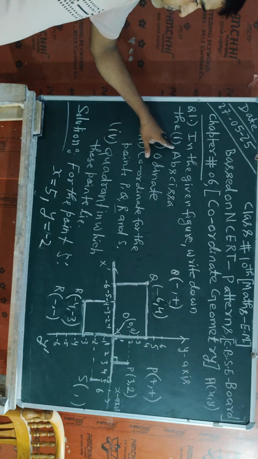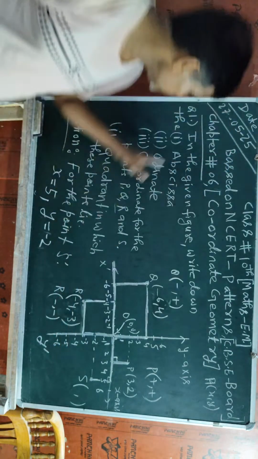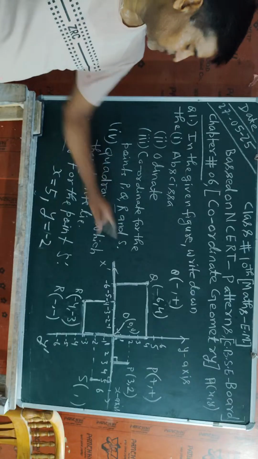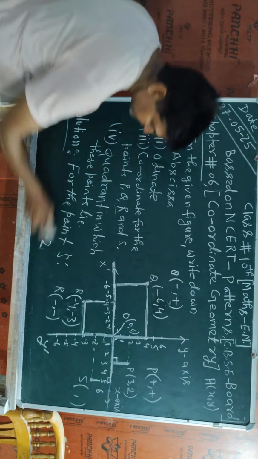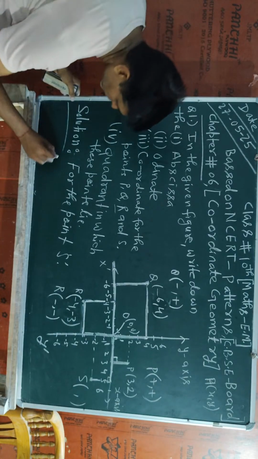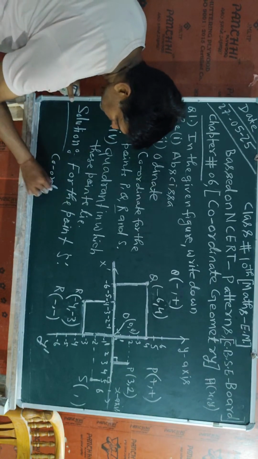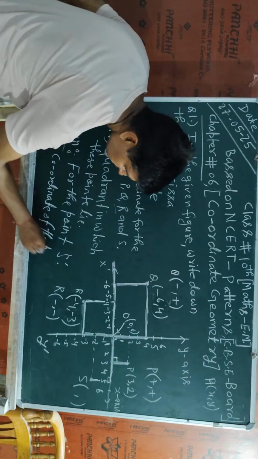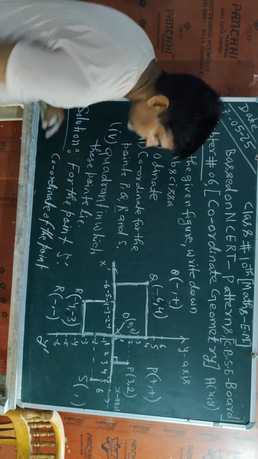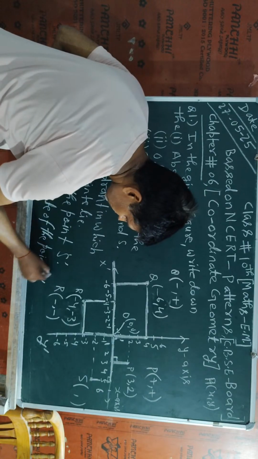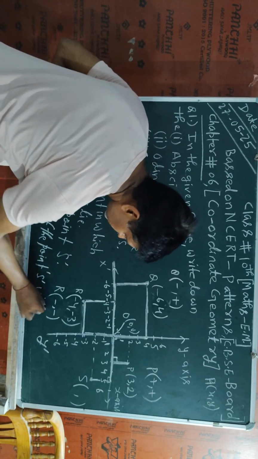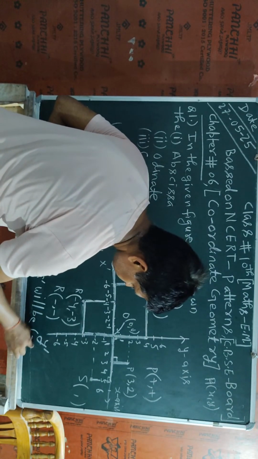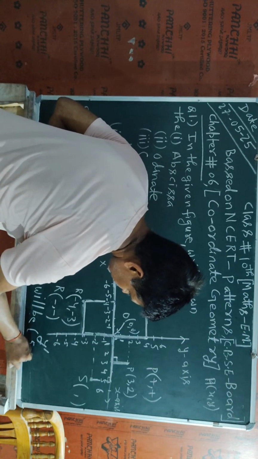For the point Y, abscissa and ordinate I have written here. Now further I will write the coordinate of the point Y. The coordinate of the point Y will be, I will write in this way, 5, minus 2.